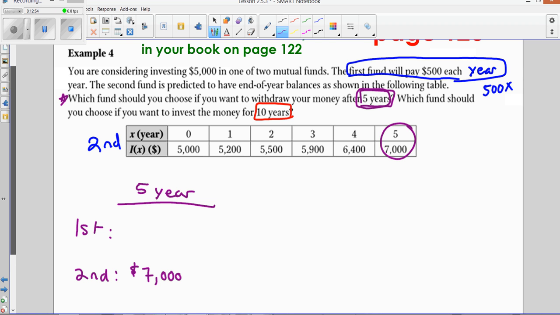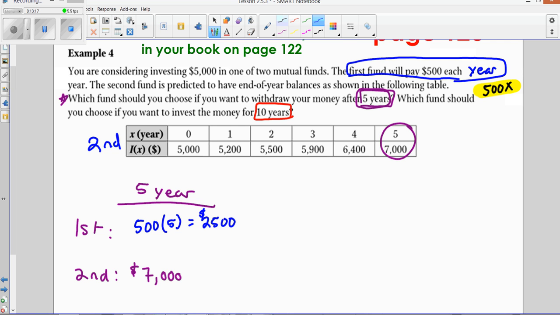But since I wrote this equation down, since I figured out the first fund will pay $500 each year, what I can do is substitute 5 in for x. So I'm going to go 500 times 5. Now I'm going to get 2,500, or $2,500. So in 5 years, which fund is best to choose?